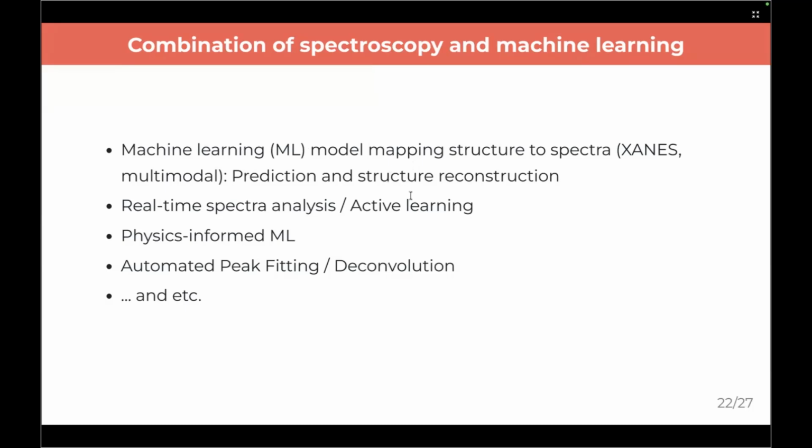It can be used for prediction or structure reconstruction. And of course, also real-time spectral analysis, active learning, physics-informed machine learning, or even automatic peak fitting or deconvolution to dissolve different contributions from different formal valence states.